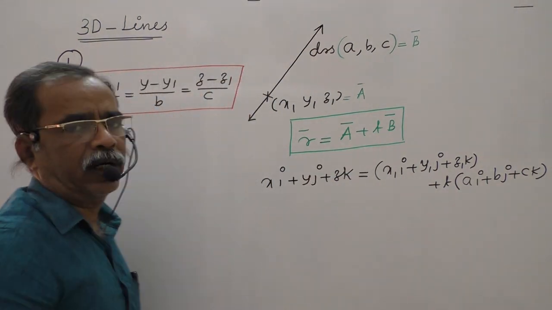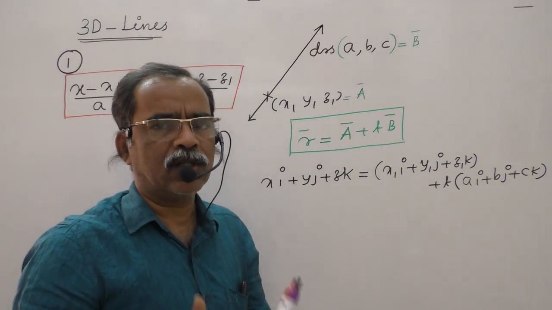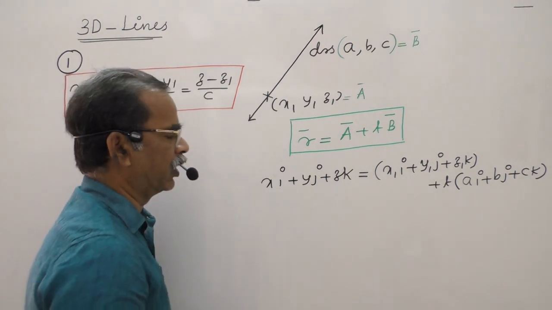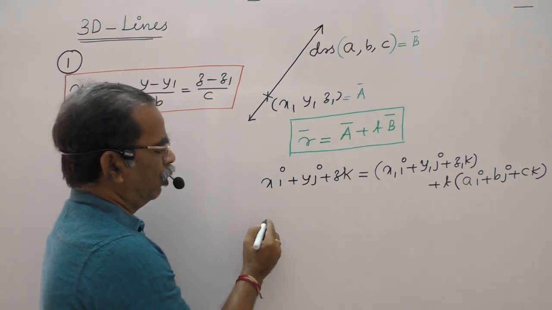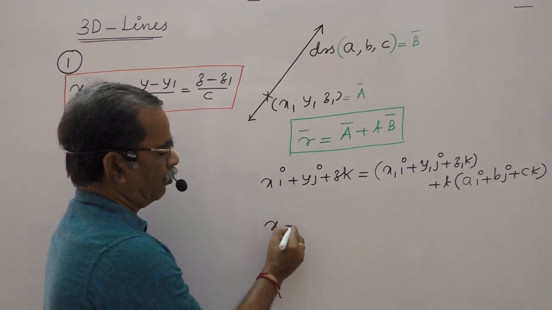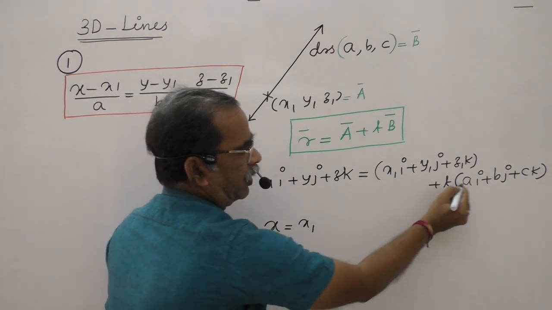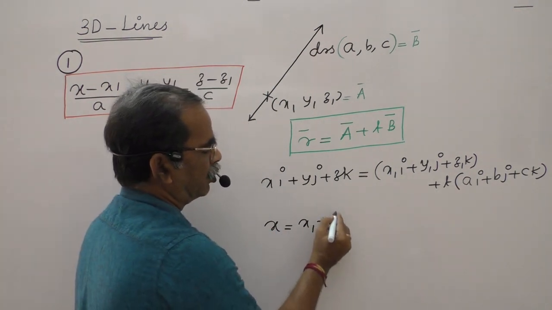Okay, to get its Cartesian equation, just remove the i, j, k unit vectors. So what is the i coefficient here? It is x. Here what is the i coefficient? x1 is there as well as at is also there.